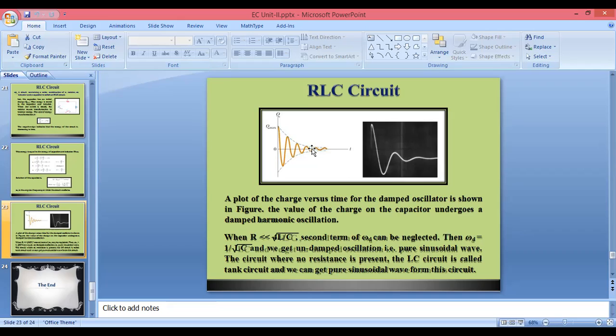ये जो damping है हम उसको क्या बोल सकते हैं? Under damping, because here the value of damping is less than its maximum oscillation. So we can say this damping as an under damping. Now over damping.